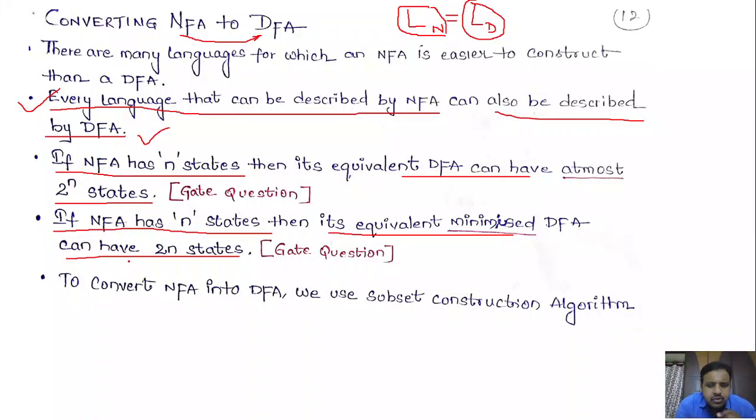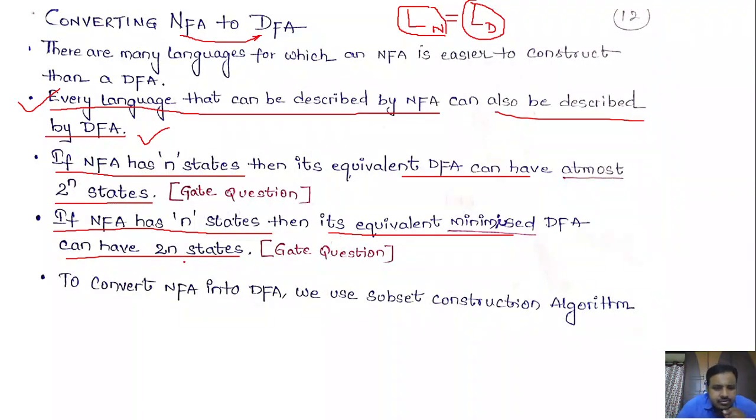So we are going to remove the unnecessary states in the DFA. When we remove the unnecessary states, it becomes a minimized DFA. We will see how to convert a DFA into the minimized DFA in the coming session, right? So when we convert the NFA having n states into the minimized DFA, that minimized DFA can have at most 2n states.